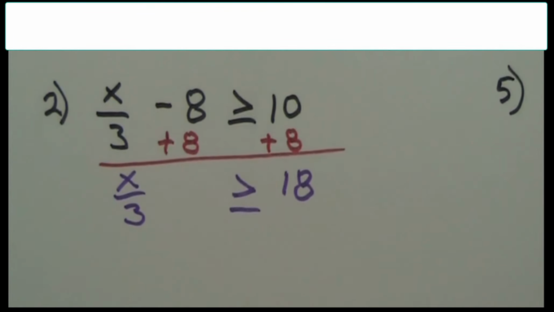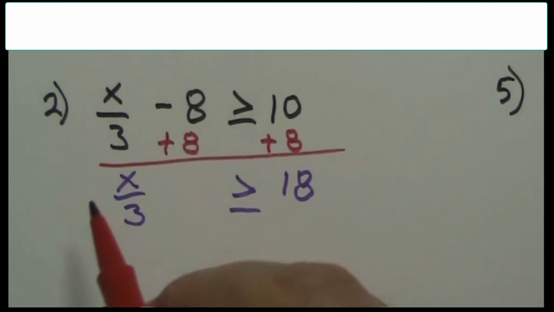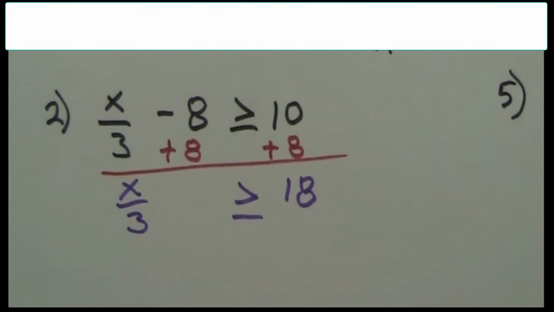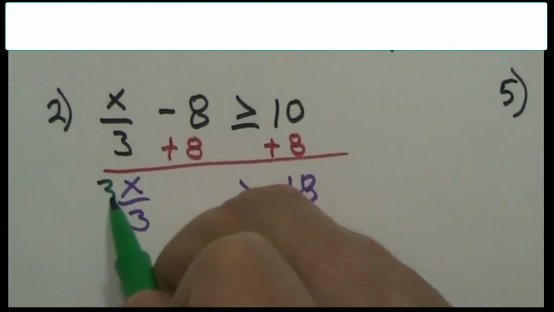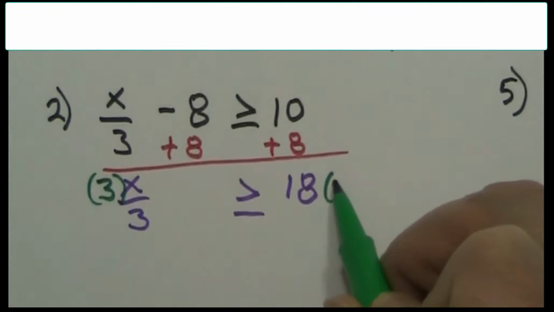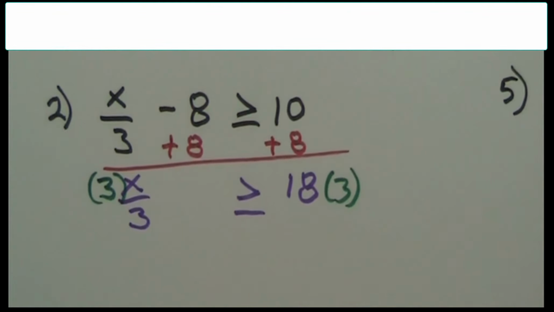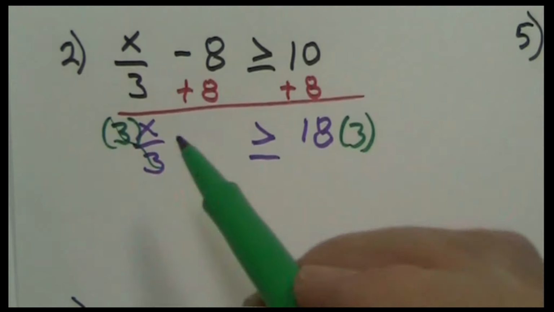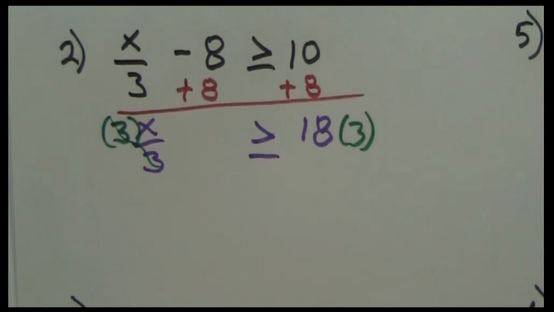Now I need to multiply by 3. I'll use a different color. And this is going to be a large number, isn't it? So this becomes 1 and leaves you with the letter x.